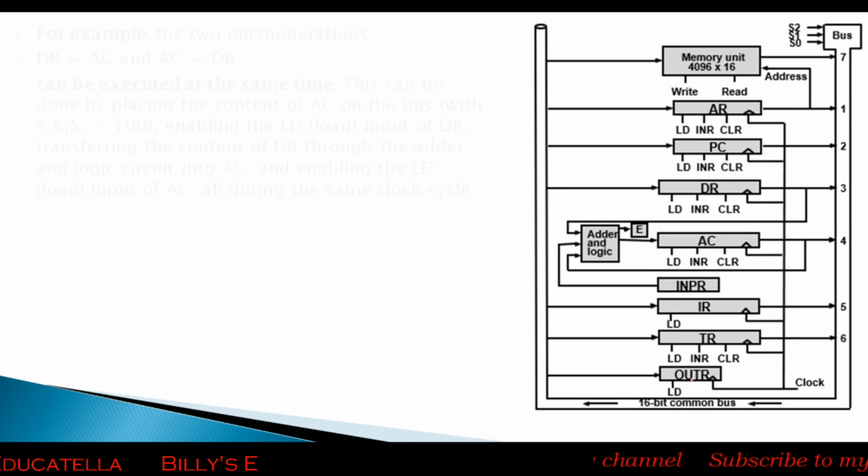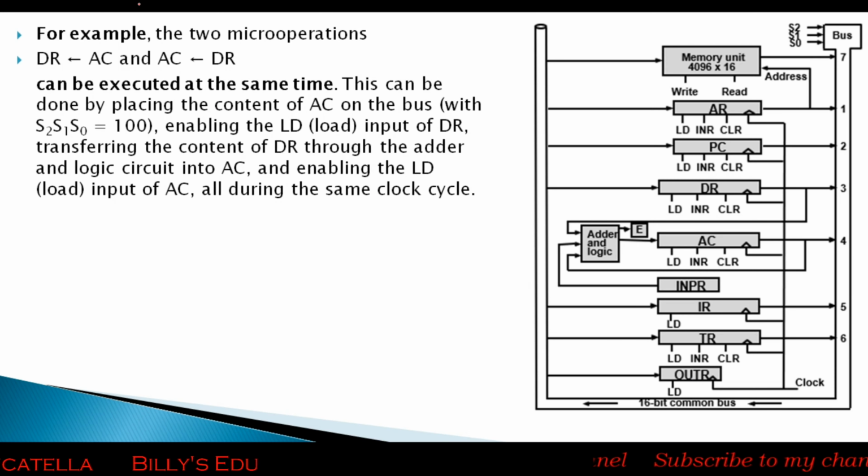Now let us discuss an example. For example, the two micro operations, transferring the data from the accumulator to the data register and transferring the data register to the accumulator, can be executed at the same time.